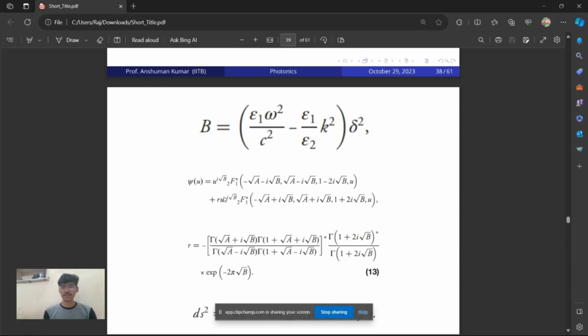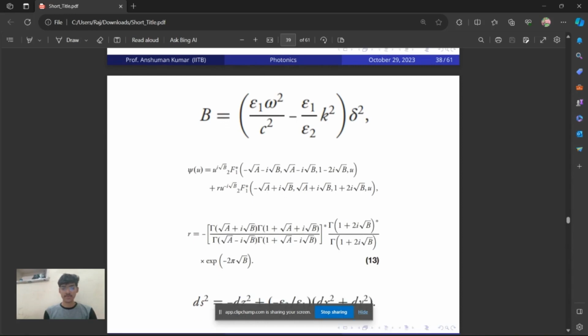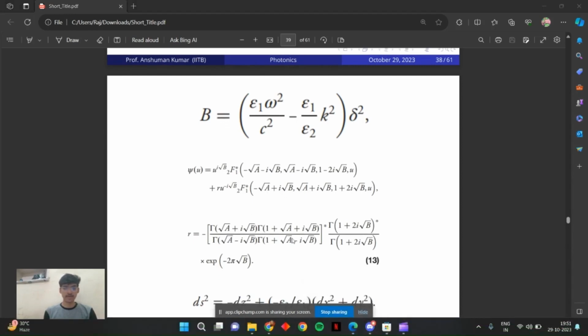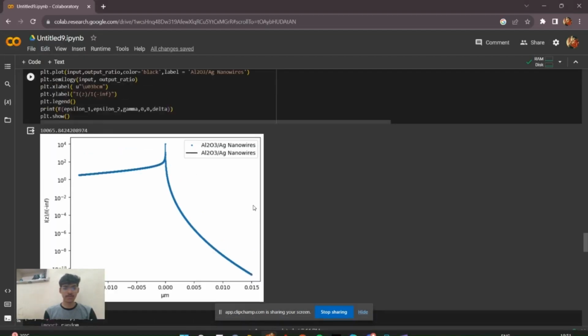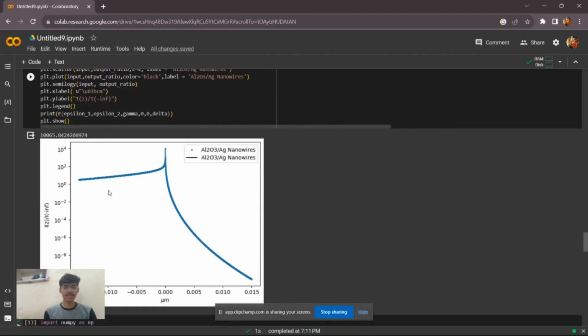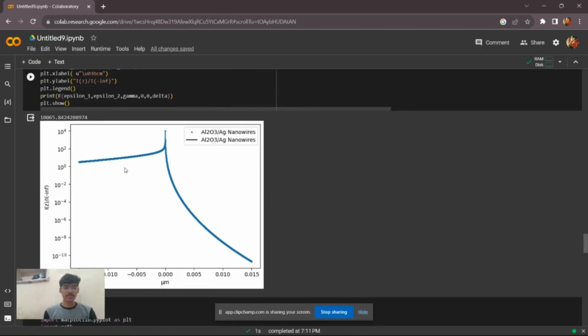And when we square our electric field, this gives us the intensity. So when we plot our intensity function, it comes out as follows. The speciality of this plot is that near the interface of hypermetamaterial and dielectric, we see a sharp rise in intensity.